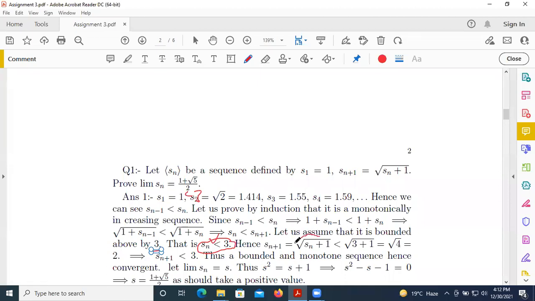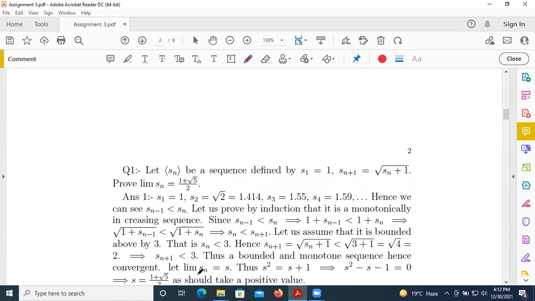And this value is equal to Sn plus 1 under the root's result. So by mathematical induction, this relation is true for all n belonging to natural numbers. So finally this is a bounded sequence, and also a monotonically increasing sequence. So this is a convergent sequence.